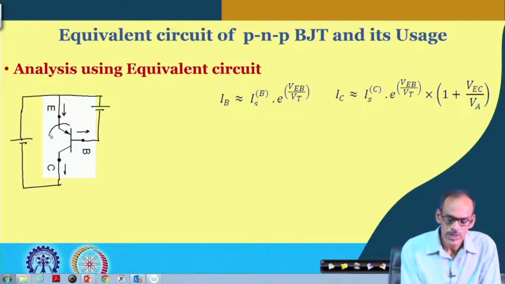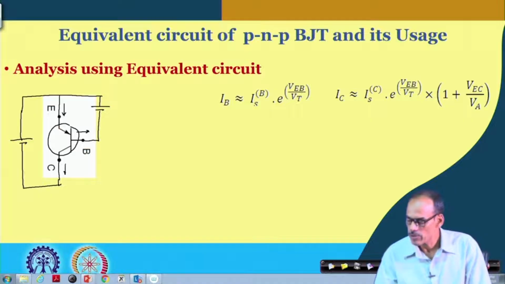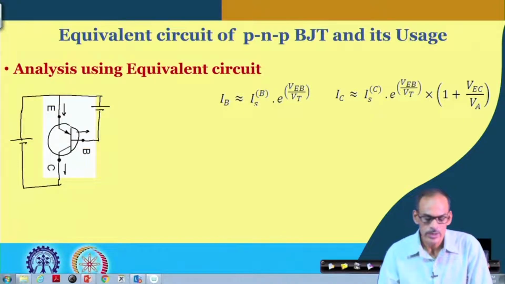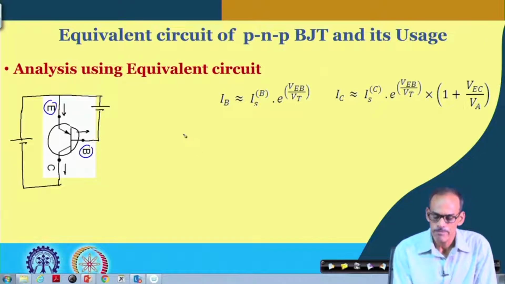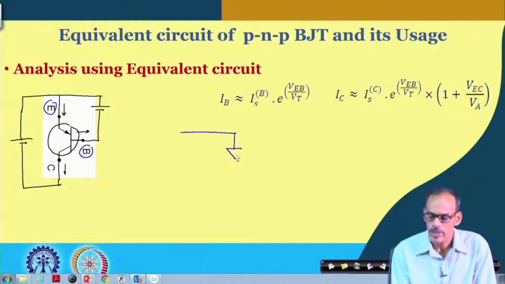Instead of really dealing with the equations, we may prefer to move to the equivalent circuit. So, at the base to emitter terminal, again we have a diode, so we can use this diode.